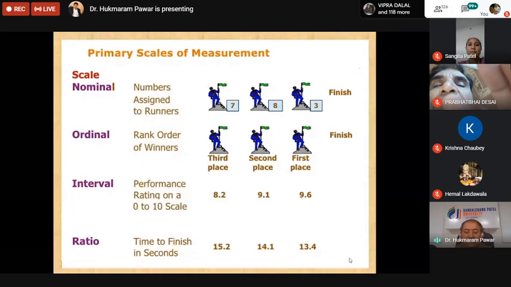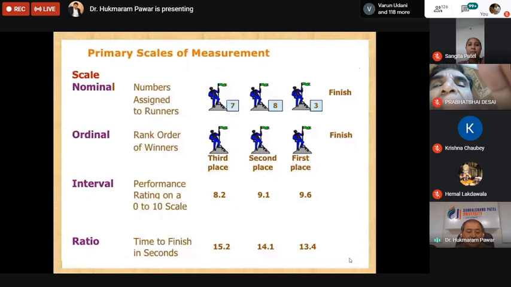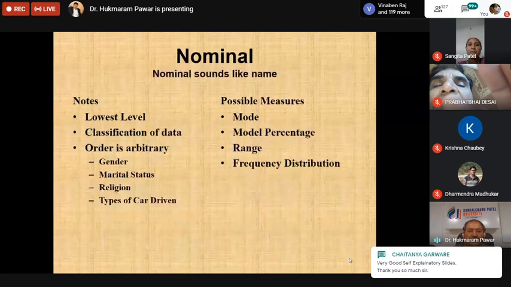So this timing is ratio data, while performance from 0 to 10 is interval. Ordinal is ordered basis, and nominal is just named. In the same way you can assign numbers.